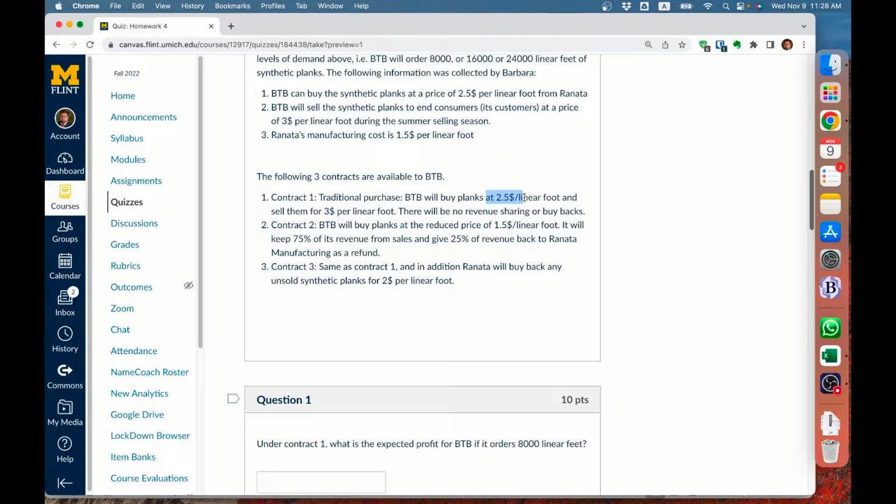If you think about the total supply chain profit under the traditional contract, the retailer makes 50 cents per linear foot. The manufacturer makes $1 per linear foot. So the total profit per linear foot that will be made if a plank is produced and sold would be $1.5. 50 cents plus $1, $1.5 per linear foot. So that is your traditional contract.